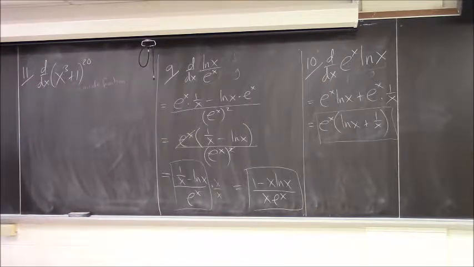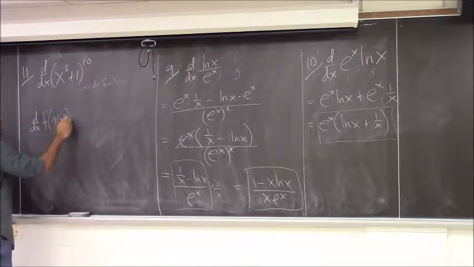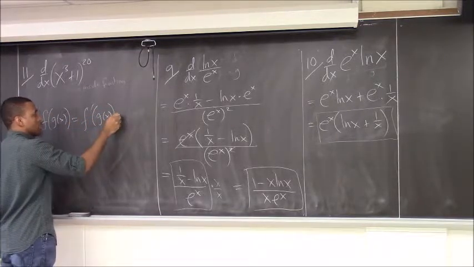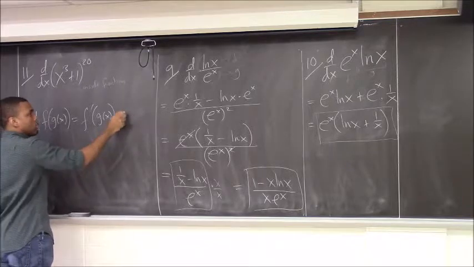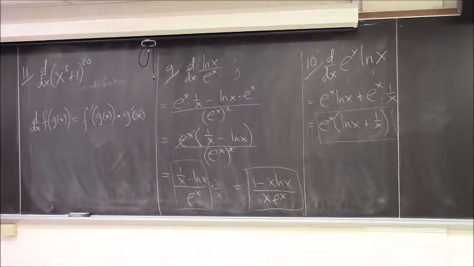What does the chain rule say? Yeah? Take the derivative of the outside, keeping the inside, and then times the derivative of the inside. The derivative of f of g of x is the derivative of the outside times the derivative of the inside. Right? So that's the rule we're going to apply.